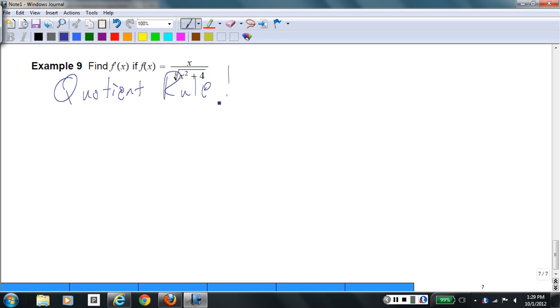goes like this. F prime of x equals, take whatever's in the denominator, put it in the denominator, and square it. So what's in the denominator is x squared plus 4 to the 1/3.